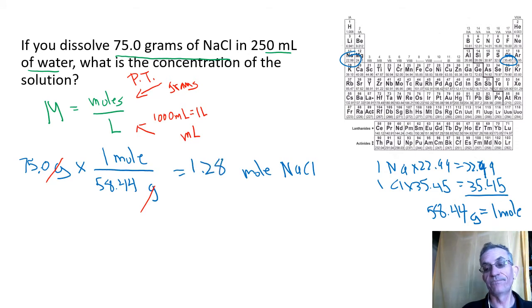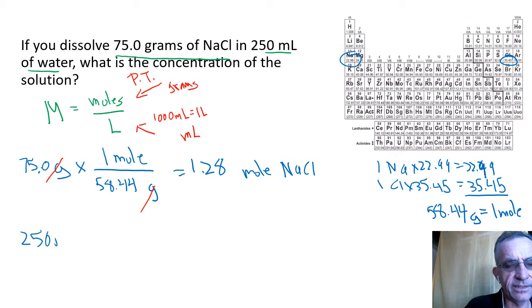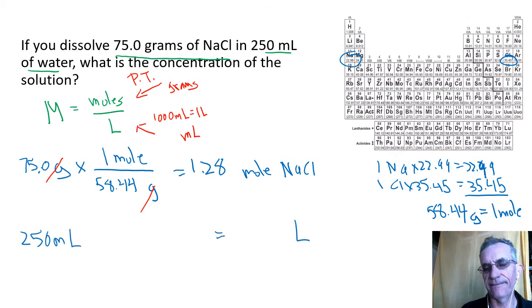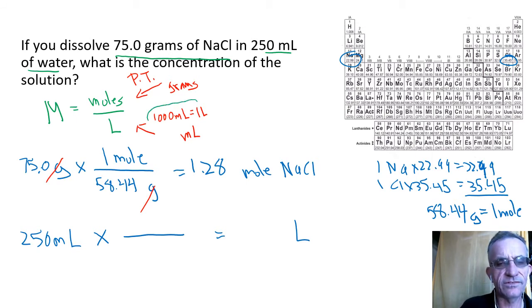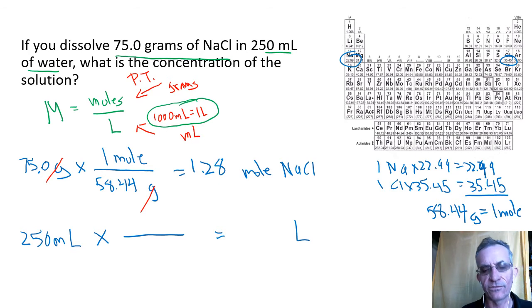All right, that's good. We need moles to find molarity, but we also need liters. So we're going to have to take the milliliters and convert to liters. 250 milliliters of water. How many liters is that? 1,000 milliliters is a liter, right?